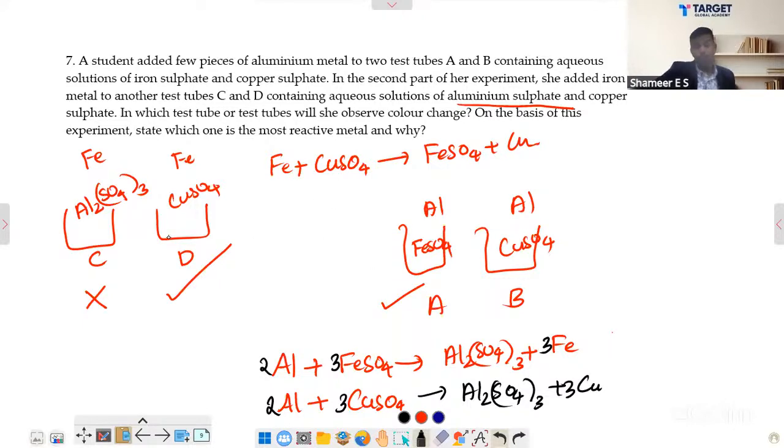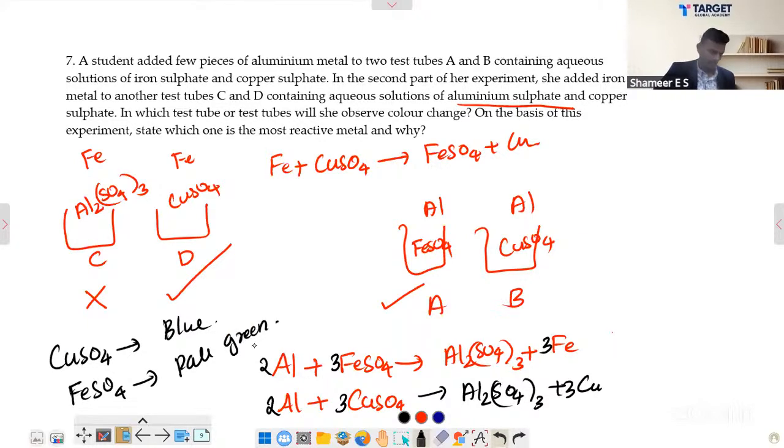And also one more thing, students, you should study the colors of some salts. For example, the aqueous solution of copper sulfate is blue. The aqueous solution of FeSO4 is pale green. That is also important. Zinc sulfate is colorless, and aluminium sulfate is also colorless.